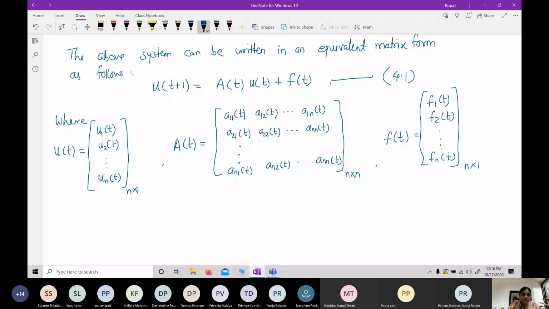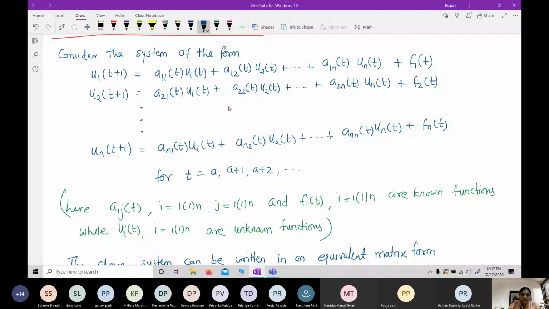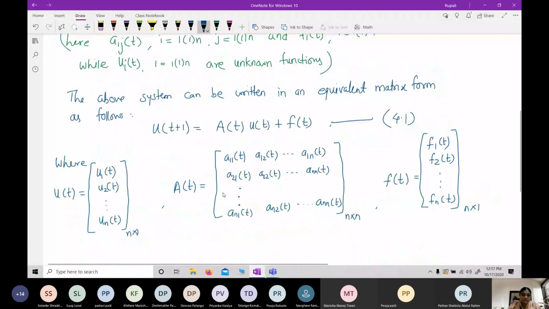Is that okay? u at t plus 1 will be what? u1 t plus 1, u2 t plus 1, un t plus 1. So it is left hand side of our system of equations. Right hand side, you just take product with this A of t, u of t. So it will be a11t u1t, a12t u2t, and so on, a1nt unt.